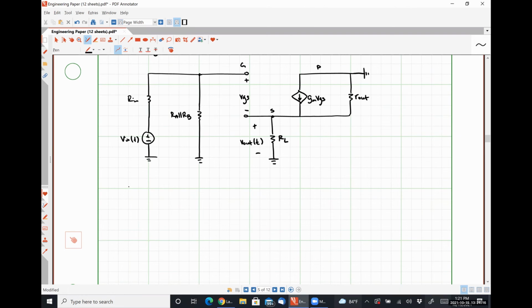Our small signal parameter for my transconductance is going to be the exact same thing, but I'm going to write it down just for the sake of argument. Square root of twice mu n C ox W over L times our large signal drain current ID. And our output resistance in this case will still be 1 over lambda ID.